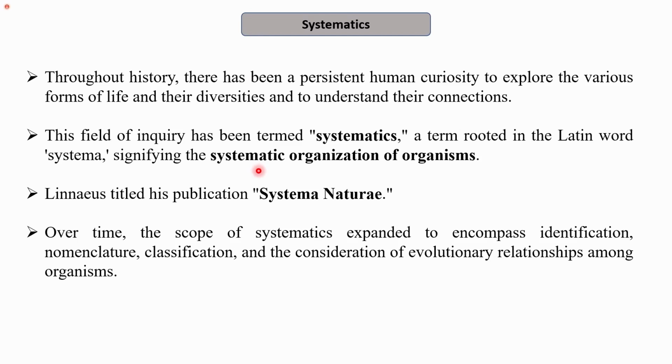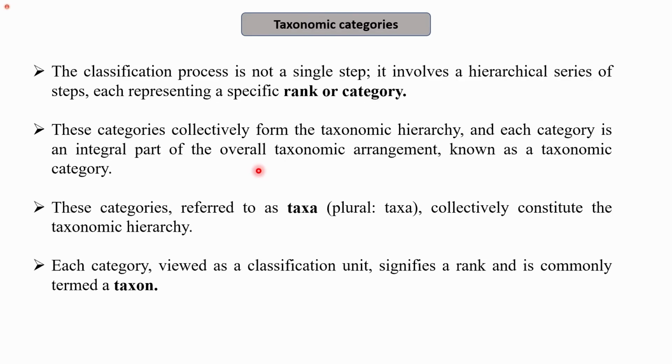It is now not limited to systematic organization based on identification, nomenclature, and classification, but also involves the evolutionary history or the evolutionary relationship of the organism with other organisms. Based on the different relations between organisms, or the characteristics which a certain organism carries and shares with other organisms, we perform the classification.